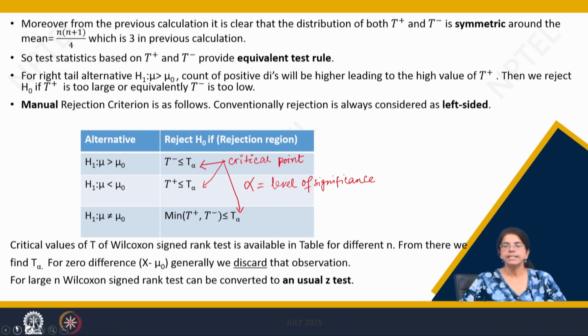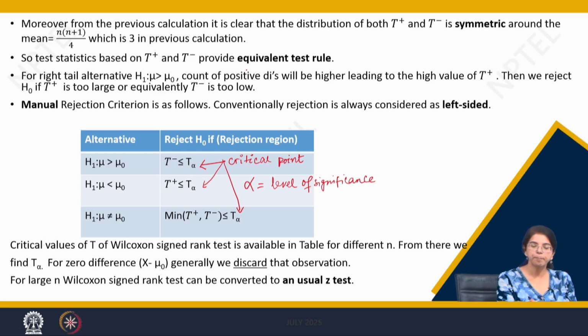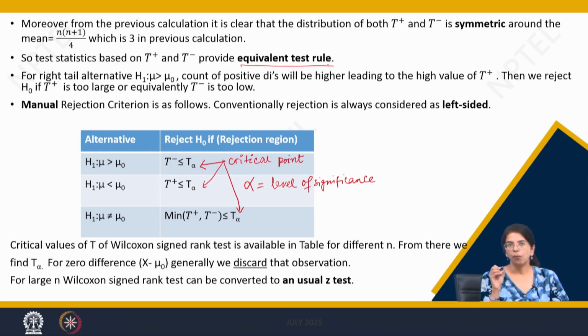So, the test statistics based on t plus and t minus provide equivalent test rules. That is very important. That means one test you can solve by t plus, or you can make the rejection region on the basis of t minus.